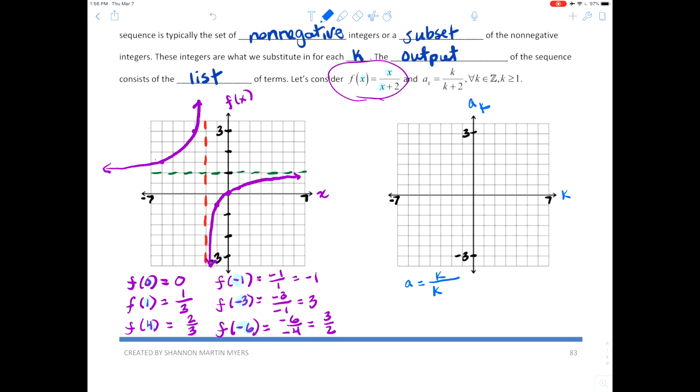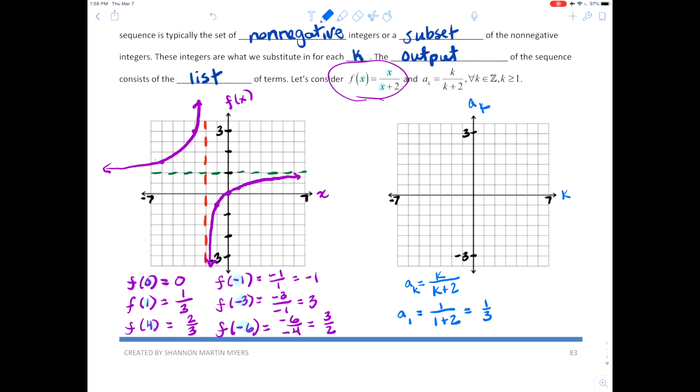So that's like our general term. We're only putting in positive integers. So what is a1 going to be? 1 over 1 plus 2. So that gives us 1/3.